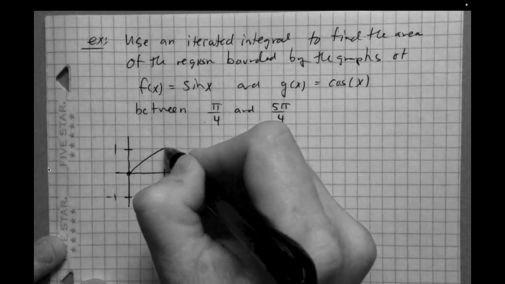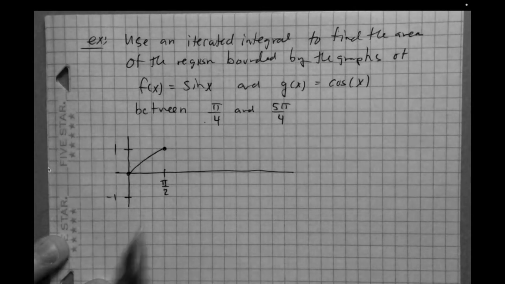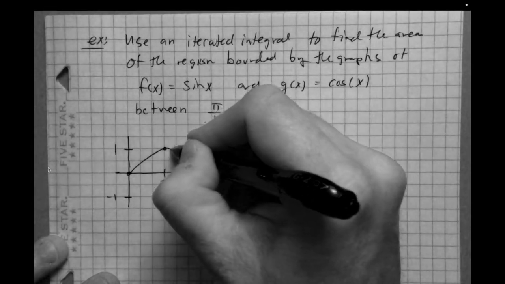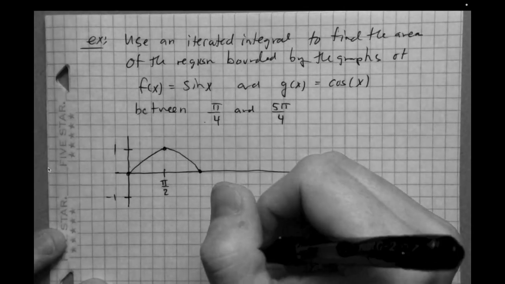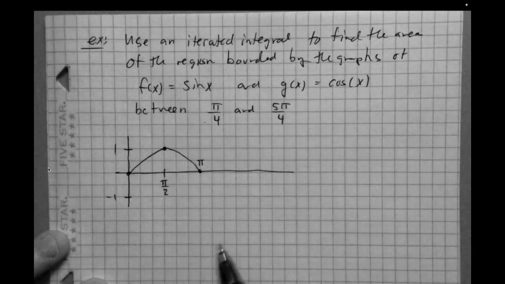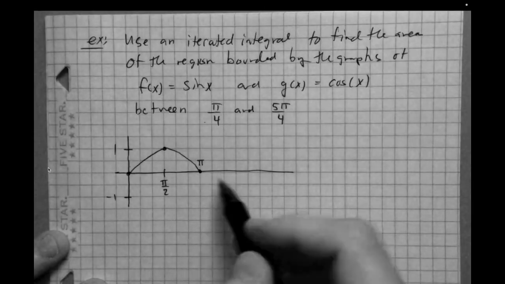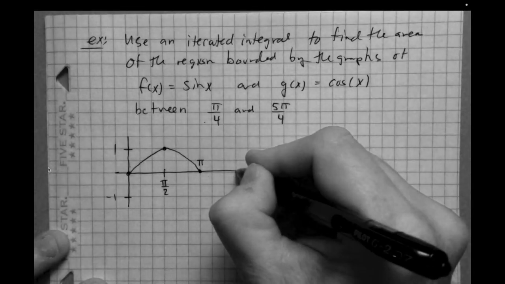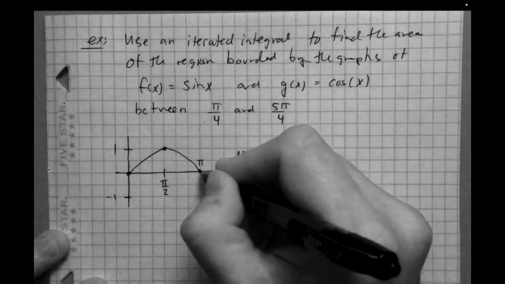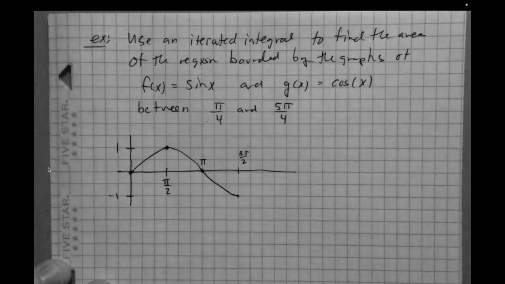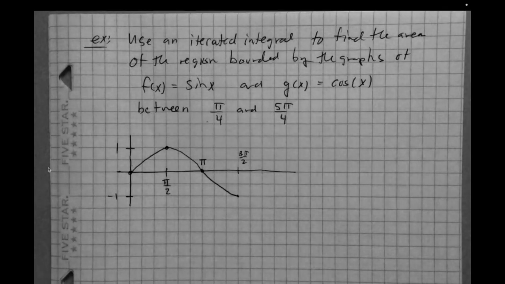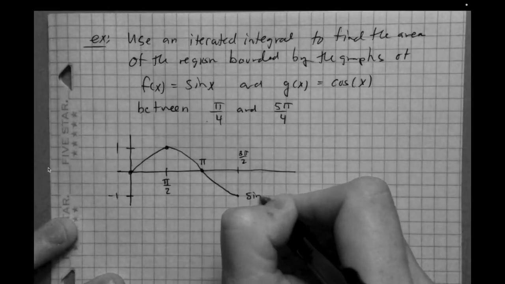And so sine finds a max at pi over 2, and then it starts to drop, and it cuts through pi here. Then it's going to reach a minimum at 3 pi over 2, which we'll put over here. So it's going to be down here by the time it gets to there. And 5 pi over 4 is captured already, so we're good. And so this is the sine of x.